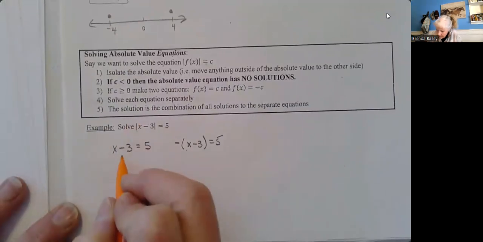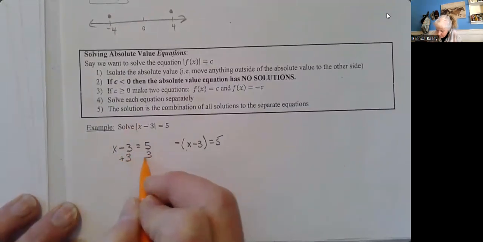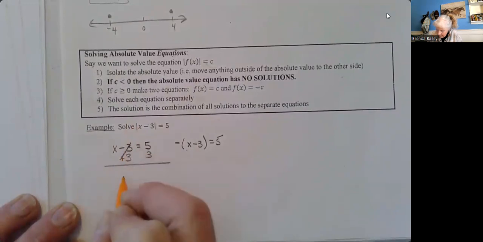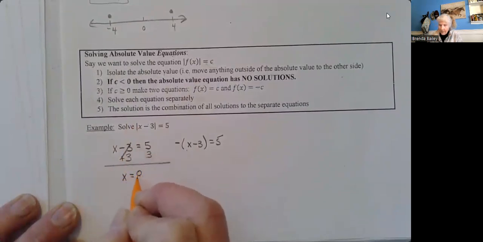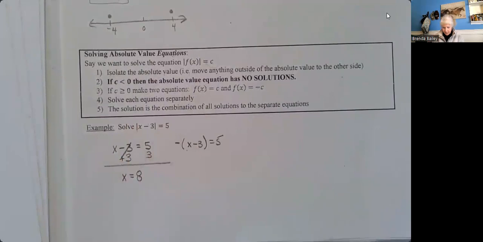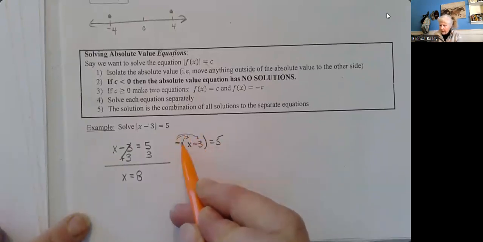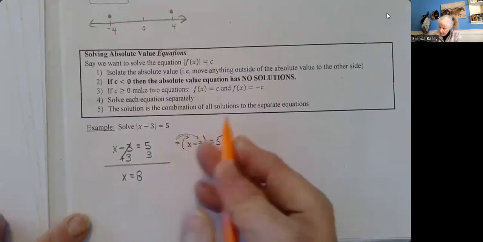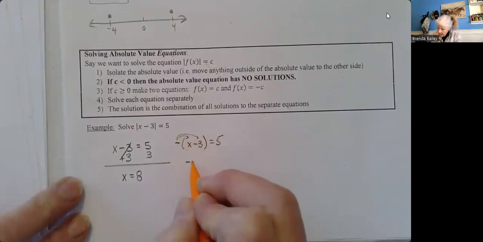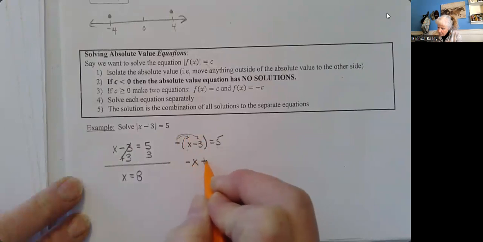So we add 3. X equals 8. All right. This next one, you could divide by a -1 both sides, and you have a -5 over here. I found that most people, when they're solving this, they like to use the distributive property, multiply a -1 through, which gives us a -x plus 3.